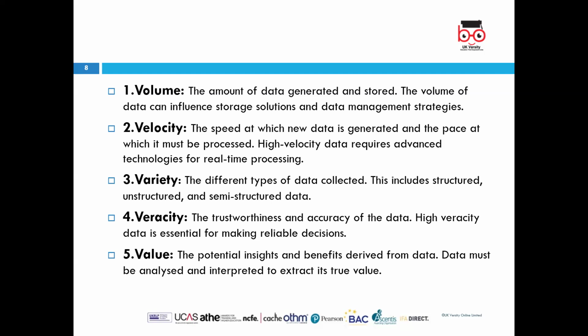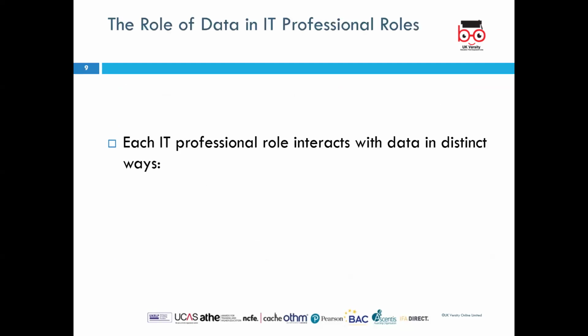Velocity, we're looking at the speed at which we're going to be processing our data. Variety, where we're going to look into the type of data collected, such as structured, unstructured, or semi-structured. Veracity, so we're looking into the trustworthiness and accuracy of our data, and the value. So we're going to look into the benefit, the outcome of collecting our data.